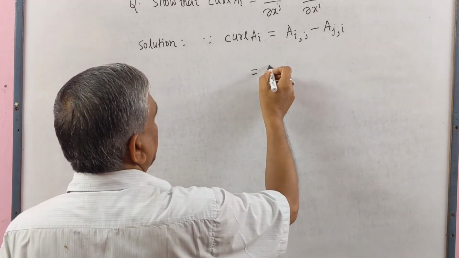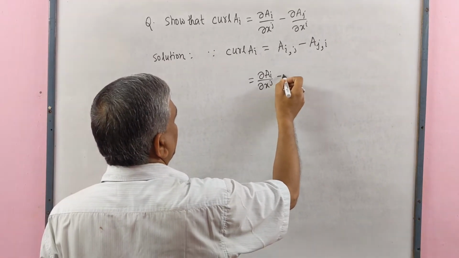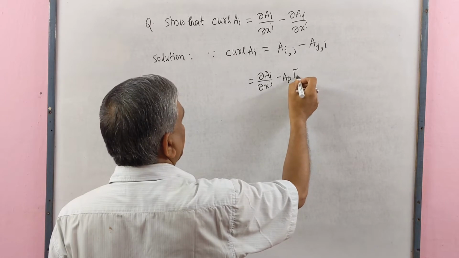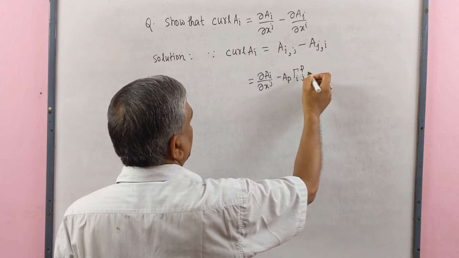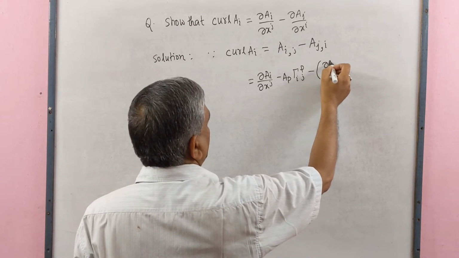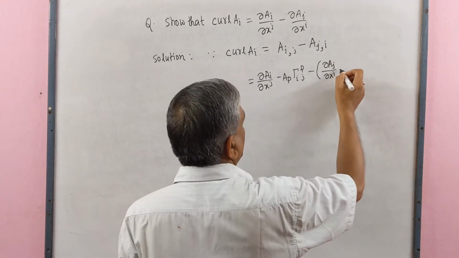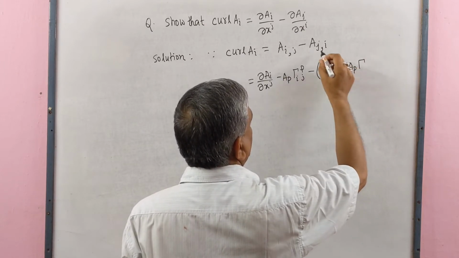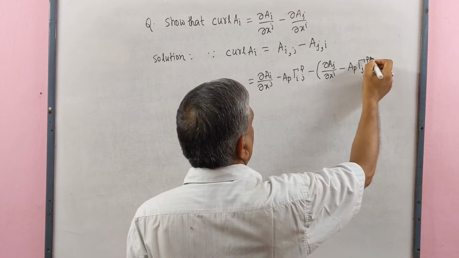This will be del Ai by del xj minus Ap Christoffel symbol of second kind {p, ij}, where we have replaced i, so here j, here p, minus del Aj by del xi minus Ap Christoffel symbol of second kind, where we have replaced j, so here we write j, i, here p.